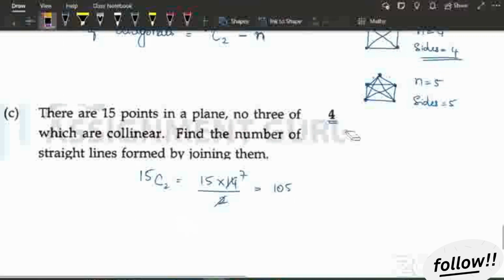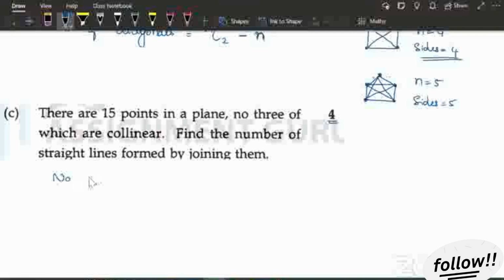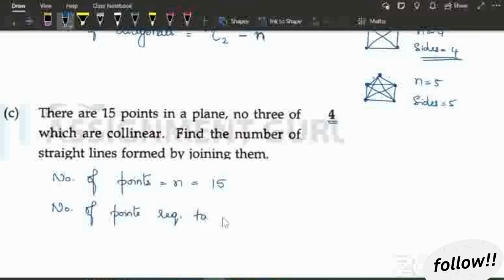But you can't write just this much for a 4-mark question. So write down clearly. Value of number of points is equal to n, which is equal to 15. So presentation of the answer is important to get those 4 marks. Number of points is n, and that is equal to 15. And number of points required to form a straight line is equal to r, that is equal to 2.